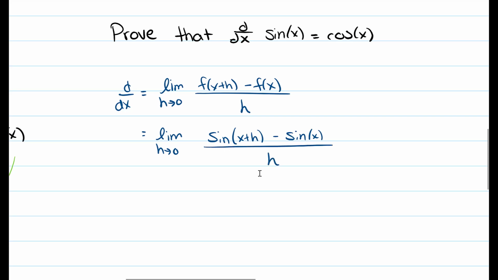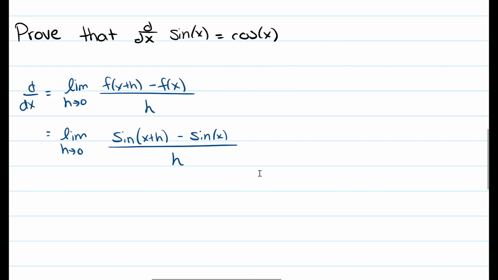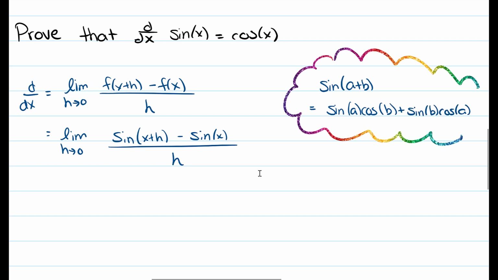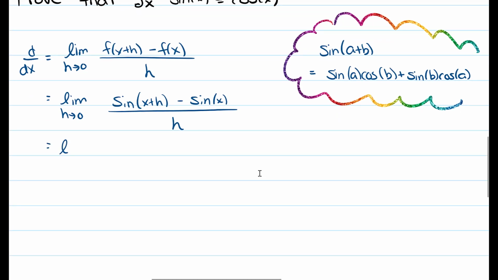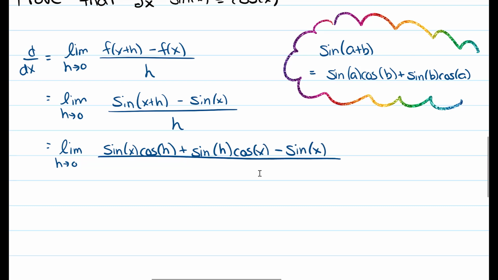And from here we're going to have to use an identity. And so this is a sum identity for sine. So then this becomes the limit as h approaches 0 of sine of x cosine h plus sine of h cosine x minus sine of x, all over h.